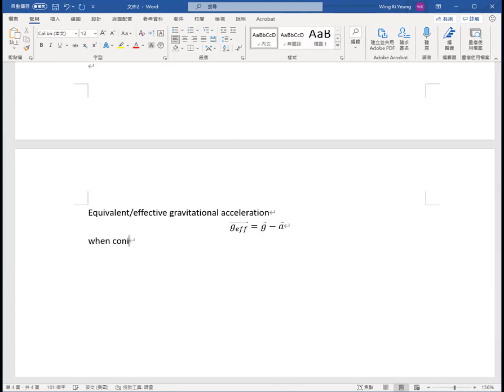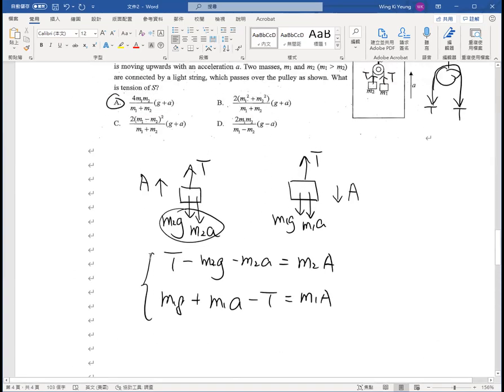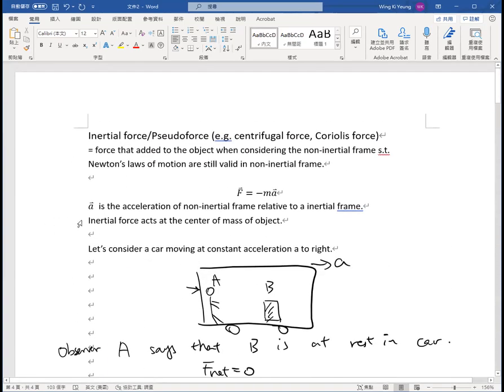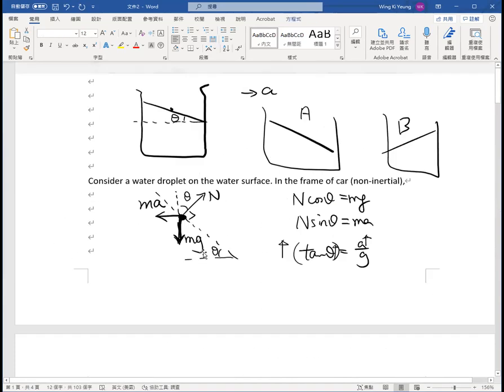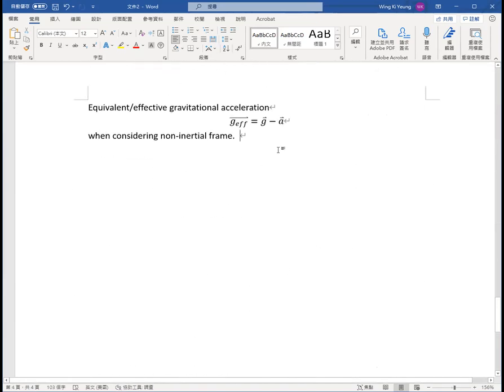When you consider the non-inertial frame, the acceleration of the non-inertial frame relative to the inertial frame is A. So actually it's just the same as this one. Then you can always consider that there is an effective or equivalent gravitational acceleration, which has this form.